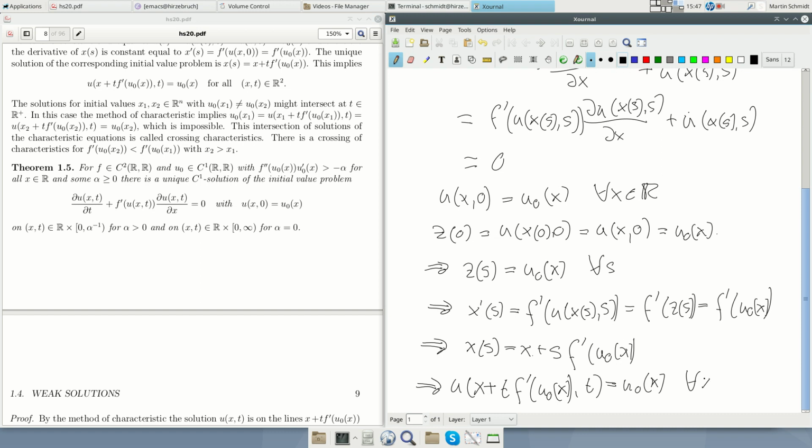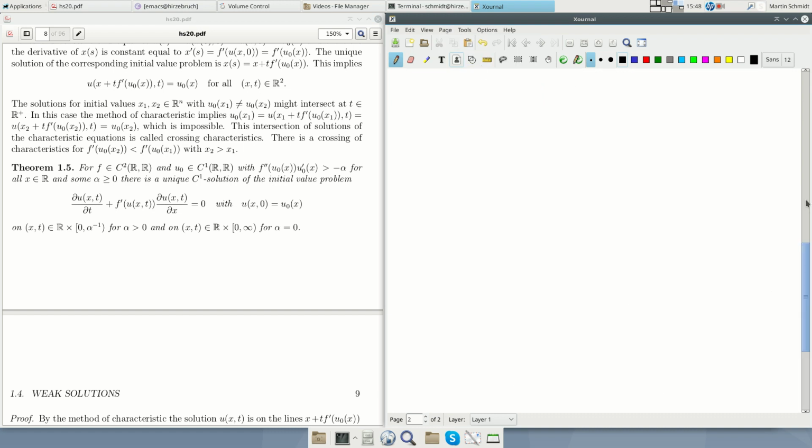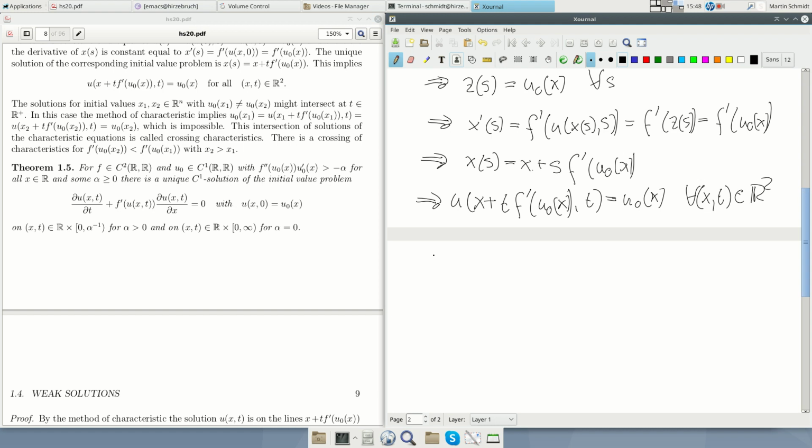This is an implicit equation for the unknown function u.